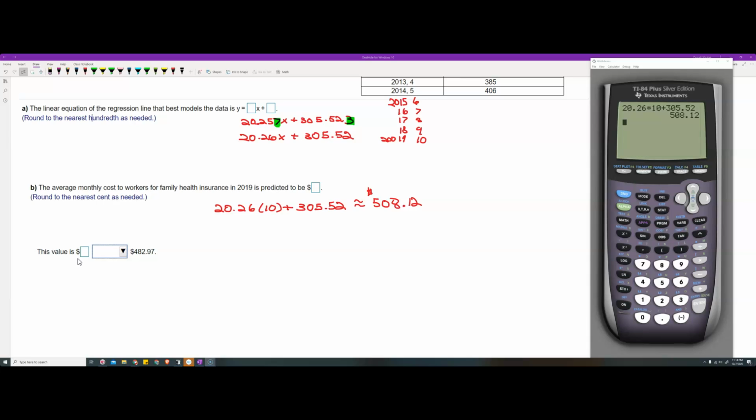This value is blank dollars, and then you'll have a drop down menu of more than or less than. So we can see that this is greater than, and we want to know how much it is greater than. So now we take these two amounts and subtract them.